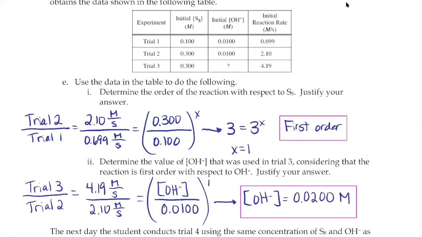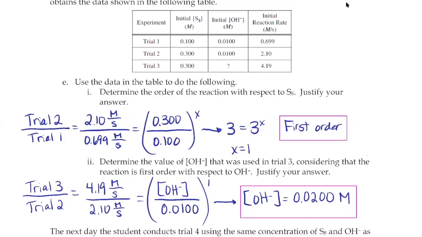So trials 1 and 2 are good ones to look at to determine what impact the sulfur has on the rate, because you don't want two variables changing at the same time. Otherwise, you don't know if the rate is changing because of the sulfur or because of the hydroxide. That's why I used trials 2 and 1. Because just sulfur was changing and the hydroxide was constant, any change in the rate has to be because of the sulfur.